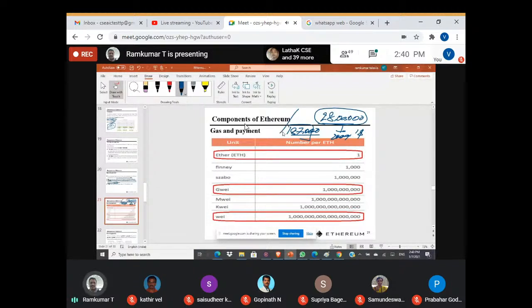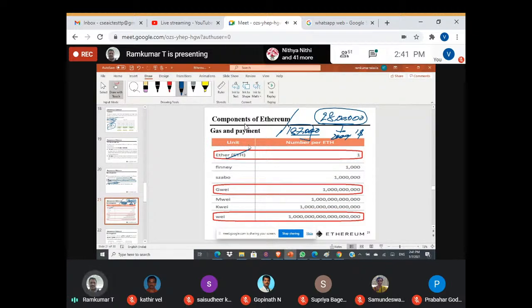So that is one ether. Take 1 rupee: what is the smallest divisible part of 1 rupee? 1 paise is there, right? Whether it exists in the market or not is a different story. Can we use one paise for some purpose?